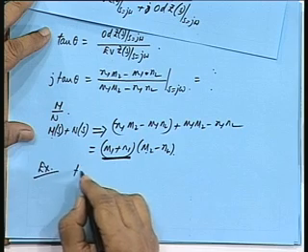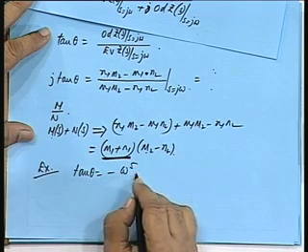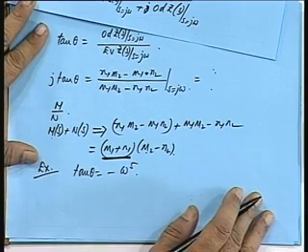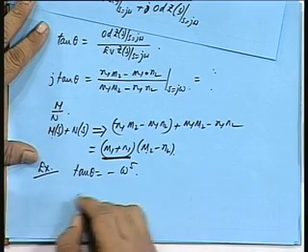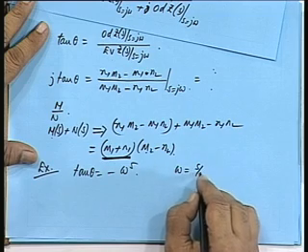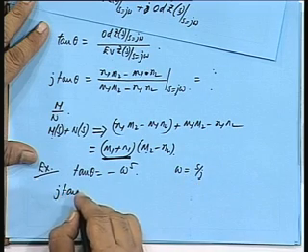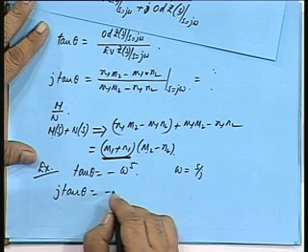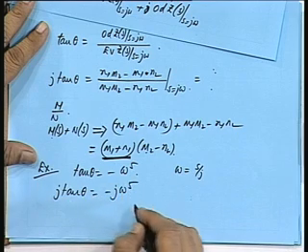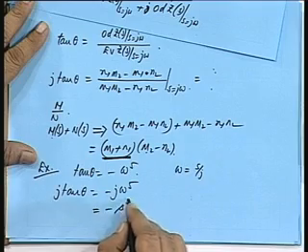Suppose tan theta is given as minus omega to the power 5. Okay. So, we substitute omega is equal to s by j. So, j tan theta, we are computing j tan theta, that is minus j omega to the power 5, and that gives me minus s to the power 5.